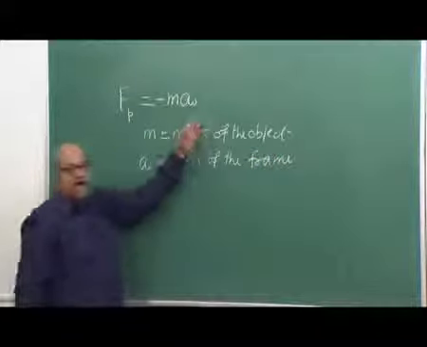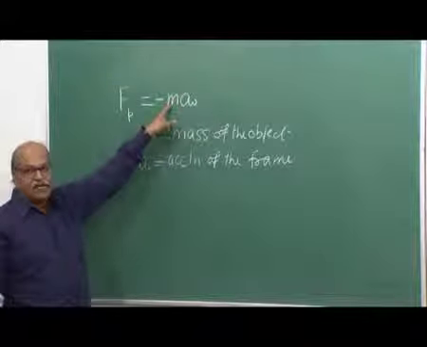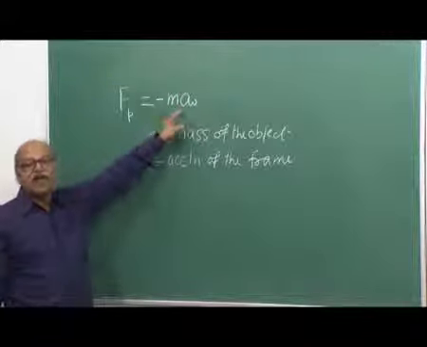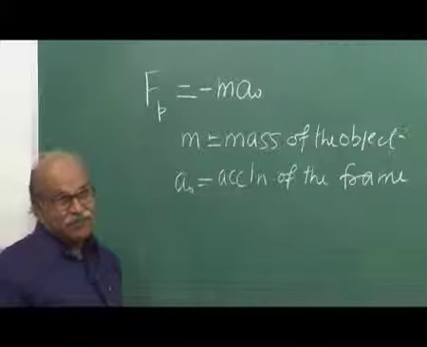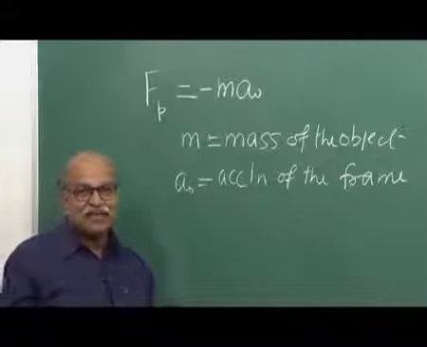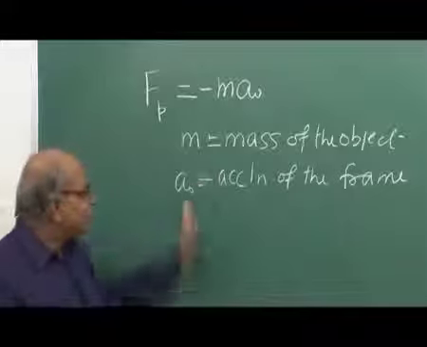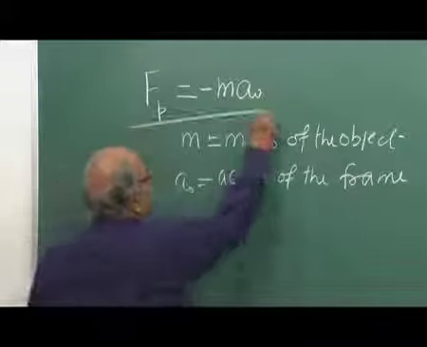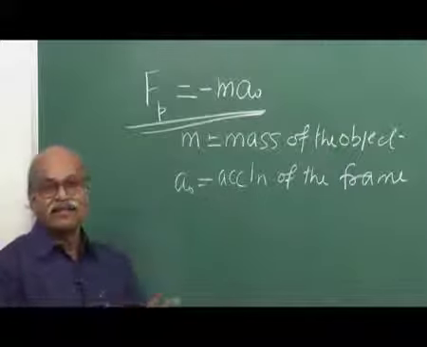It is some kind of an artificial construction. You are taking mass of something else and acceleration of something else and then multiplying and putting a minus sign. But in any case, if you want to use non-inertial frame and use Newton's law, you have to bring some artificial things. So this force, if you include together with the real forces, you can still analyze the things.